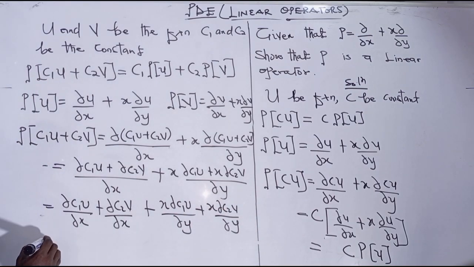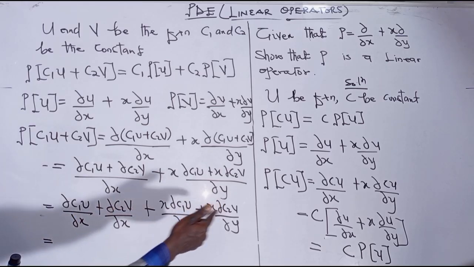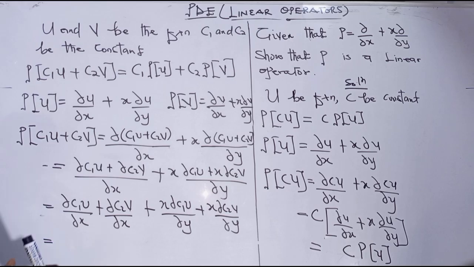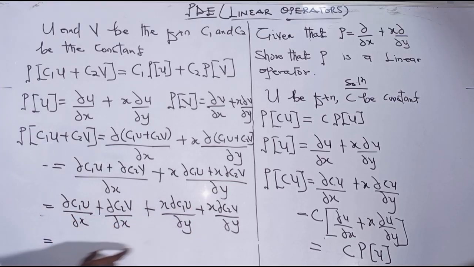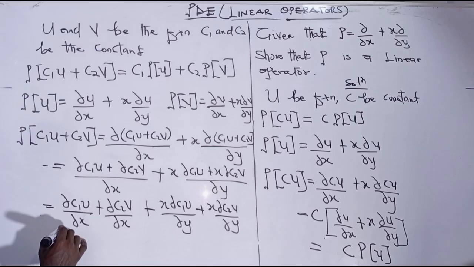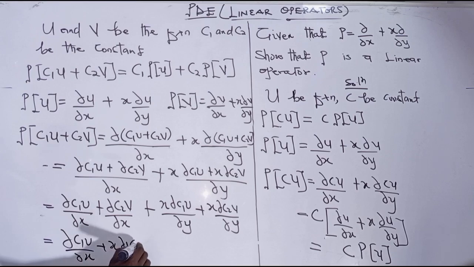Now after splitting, you can see that we have the u terms and the v terms. So we are going to group the terms with the u's together and the terms with the v's together. So we have del C1U del x plus x del C1U all over del y.